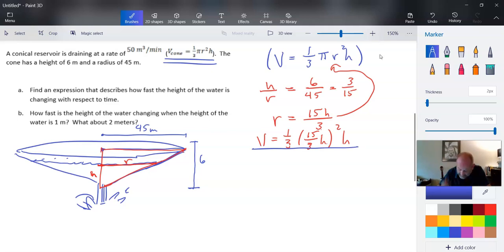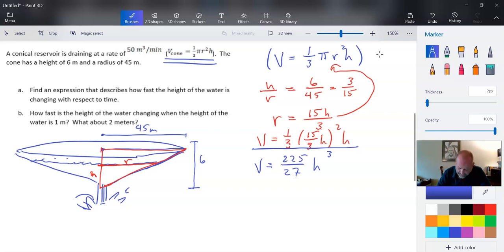Let's go ahead and simplify this up. So V is equal to, if I square all this stuff, that's going to be 225 over 27 h to the third. Right? That's not so bad. I don't think I missed anything in there.